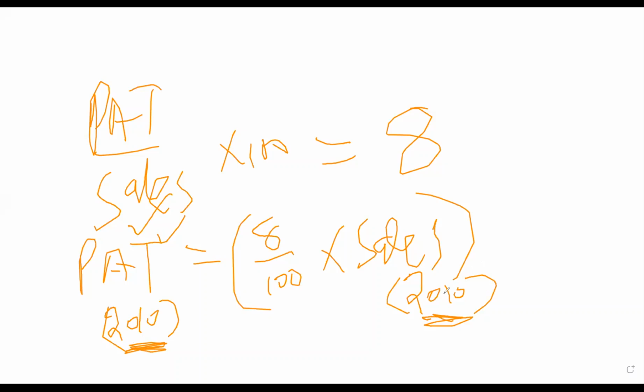And please take note, I'm not talking about additional sales now. I think you can see there, I am not saying additional sales here. I'm saying 8% of total sales for the year, so that I can find total profit after tax for that year.